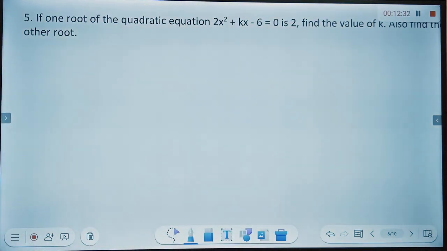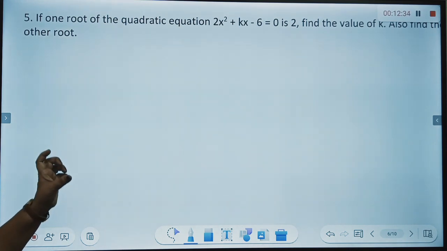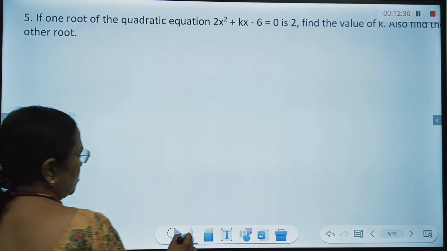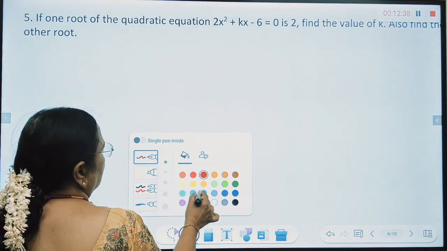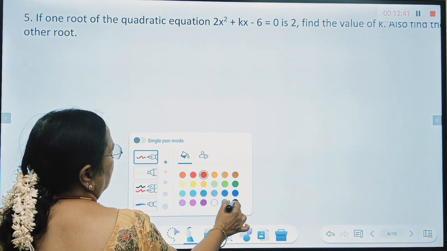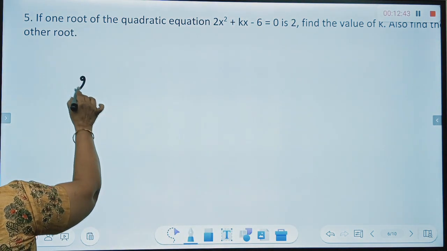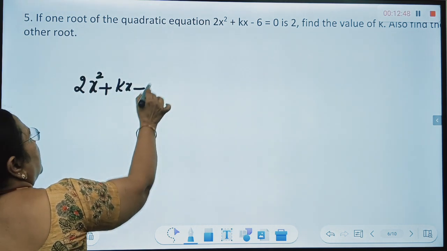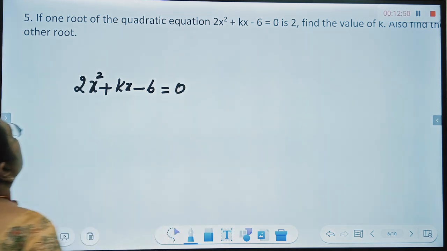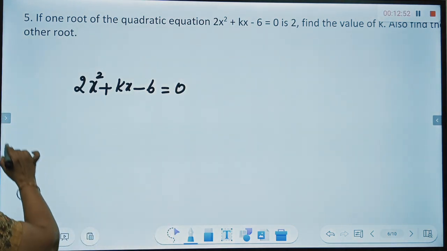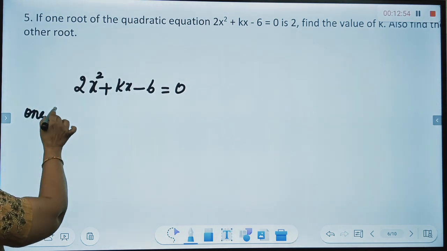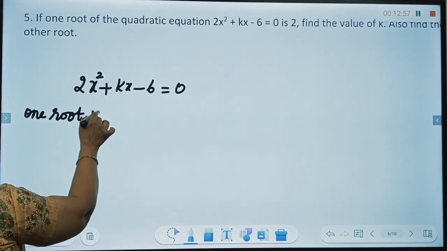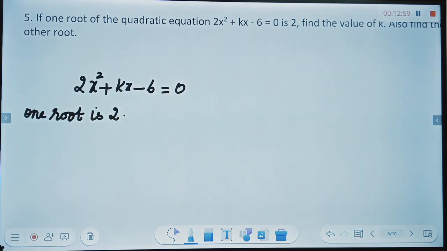If one root is 2 of the given quadratic equation, which is 2x square plus kx minus 6 equal to 0. One root is 2. Find the value of k and also find the other root.